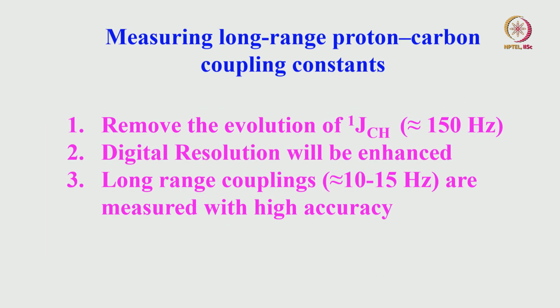If you want to measure the long range coupling, certain things have to be done. First, we have to remove 1 bond coupling because that will interfere, similar to your HSQC, HMBC. When you are doing HMBC, you are removing one bond correlation. Exactly here, the one bond JCH has to be removed, we have to remove the evolution of that. That is one of the requirements. Secondly, the advantage of this is, when you have the long range coupling, the spectral width is very small.